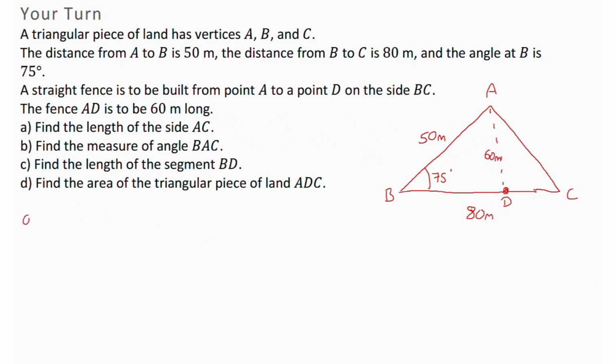So for part A, find the length of the side AC. So AC, we can work that out. We've got two lengths and the angle between them, so we can use the cosine rule.